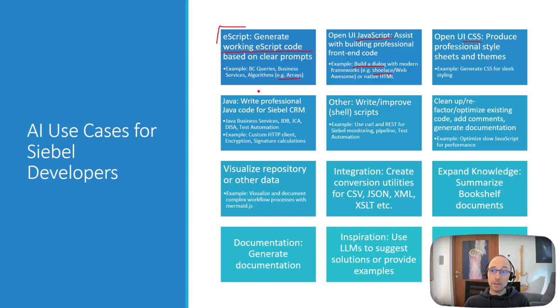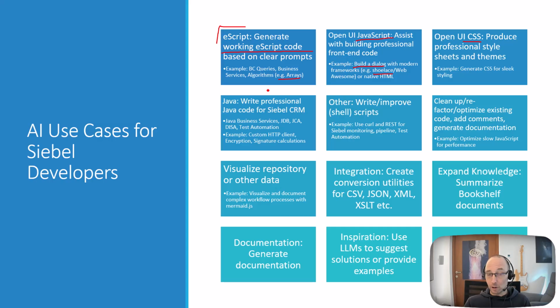And then there's the realm of the code that you write as a Siebel developer, but it's very exotic for most of us. If you're not a Java developer, if you don't come from that area, then many of us shy away from writing Java business services, but they can do a ton of good.